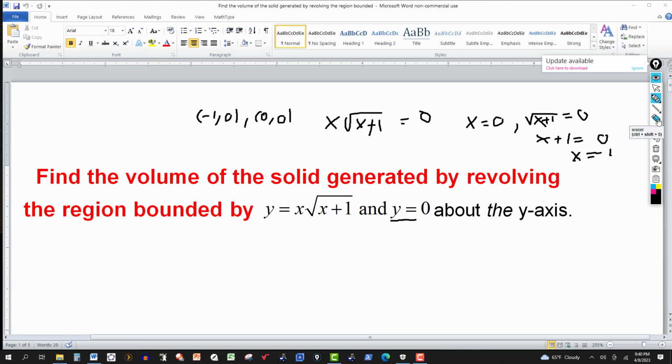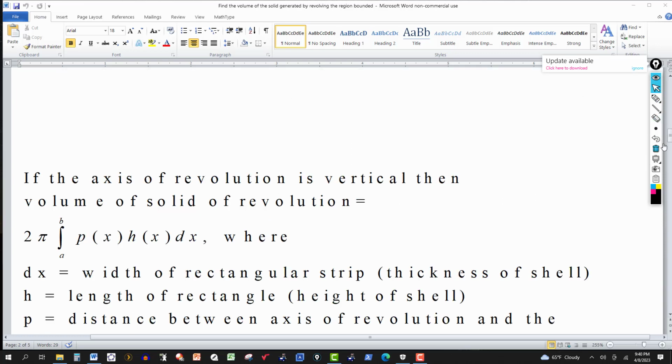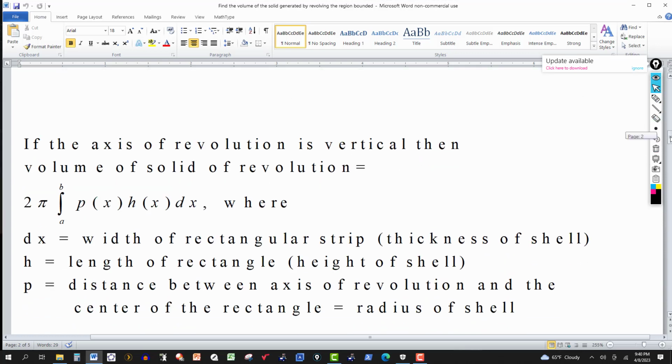But what we want to do, just to let you know, is use the shell method. If the axis of revolution is vertical, the volume of the solid of revolution will equal this formula right here.